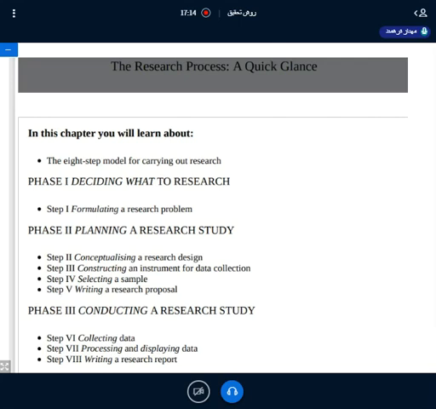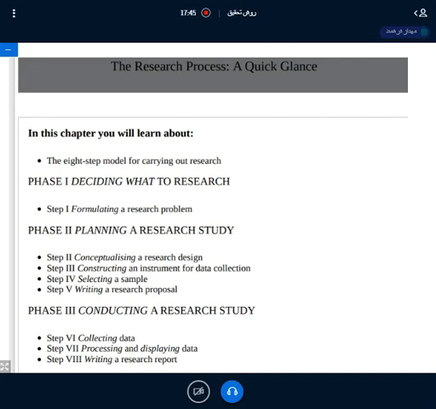Now, first of all, we are going to read about these steps. So, the 8-step model for carrying out research. Now we are going to study deciding what to research.